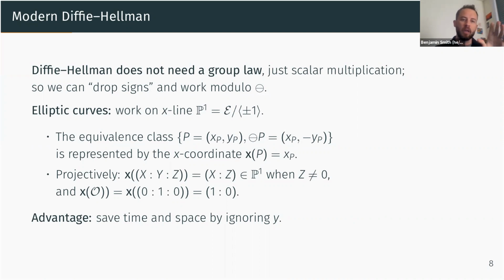Projectively, we're going to say the x coordinate of (X, Y, Z) is the pair (X, Z). Remember, the individual coordinates don't have well-defined values. They can just be zero or non-zero, but their ratios have an actual value. So the x coordinate of a projective point is the ratio of its big X and its big Z, when the Z is non-zero.